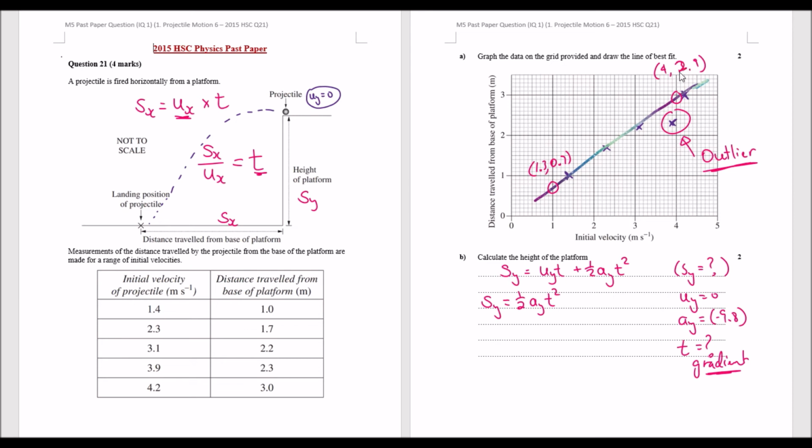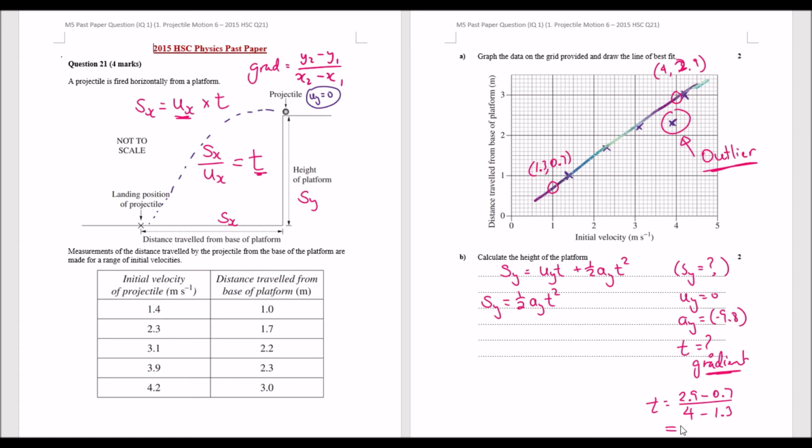Oh no, 2.9, sorry. 2.9. So t is equal to, if you remember the gradient formula, y2 minus y1 over x2 minus x1. So our y2 is 2.9, subtracted by 0.7, over 4 subtracted by 1.3. So what is that?